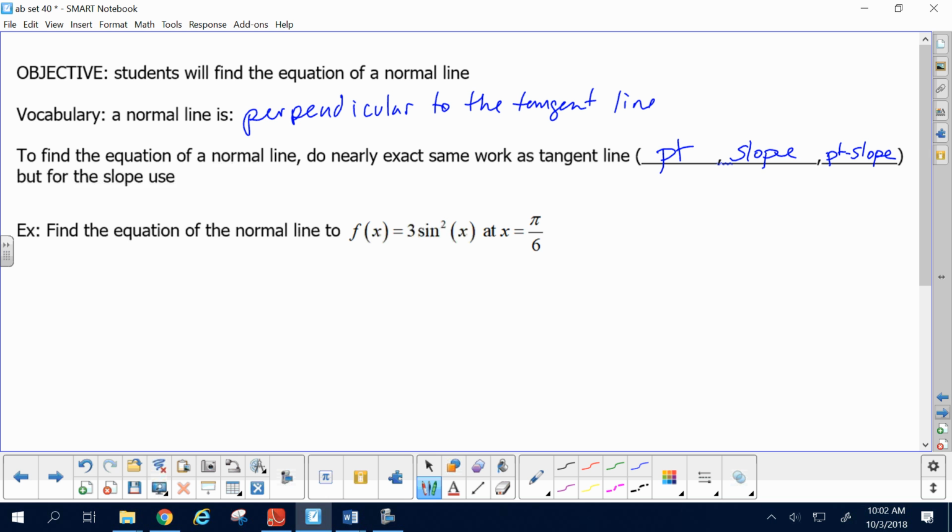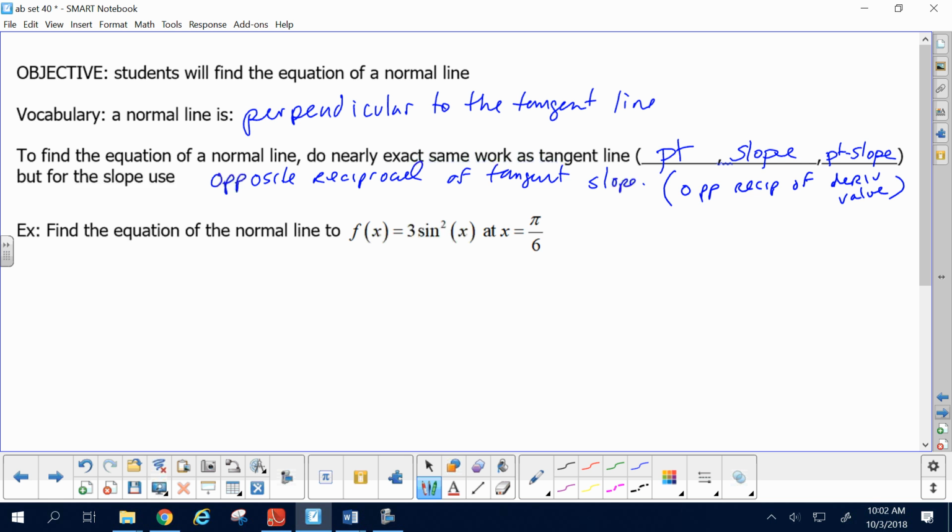The only difference is for the slope you use the opposite reciprocal of the tangent slope to get the perpendicular, which would be the opposite reciprocal of the derivative. That's where we get the tangent slope, yeah? So let's do it for practice.